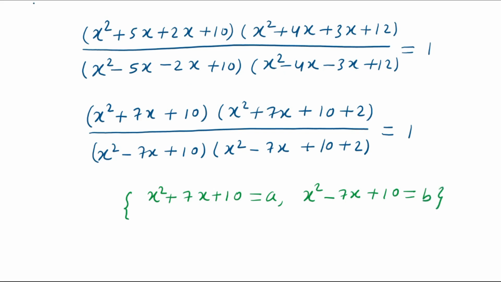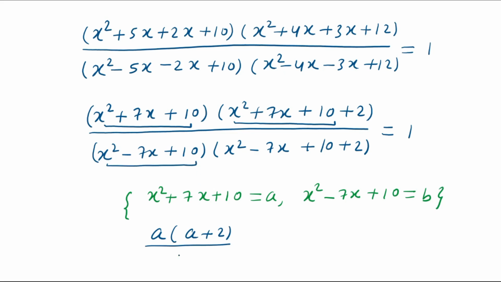Now this expression is replaced by a times this expression is also a plus 2, a plus 2, and divide by this expression is b times this expression is b plus 2, b plus 2, and this is equal to 1.